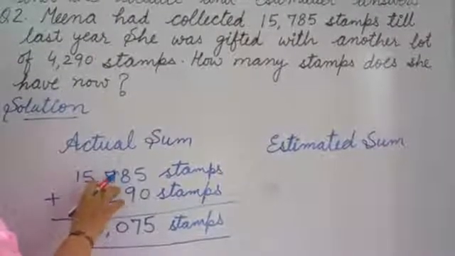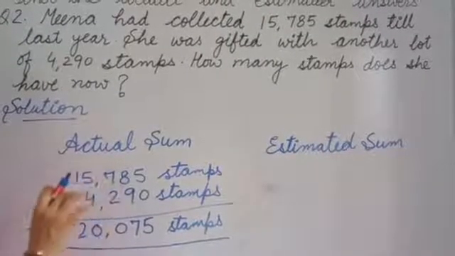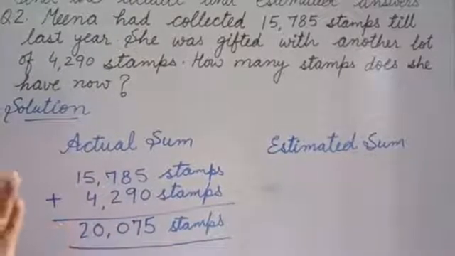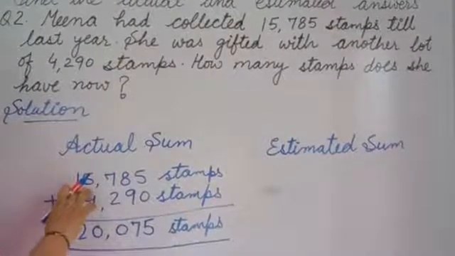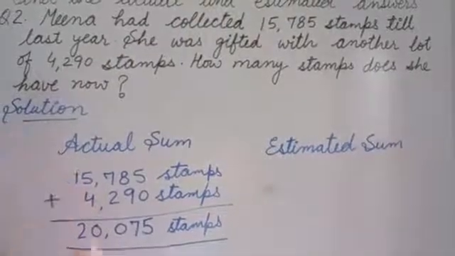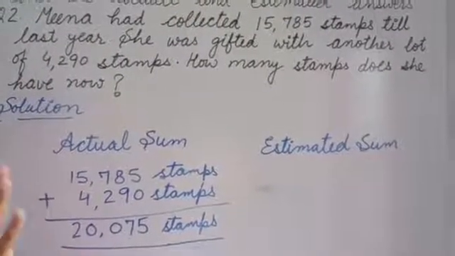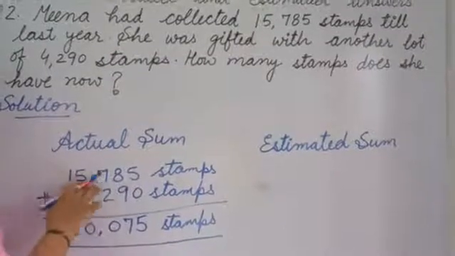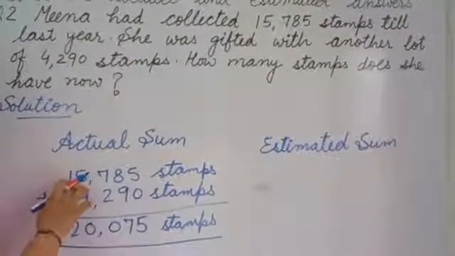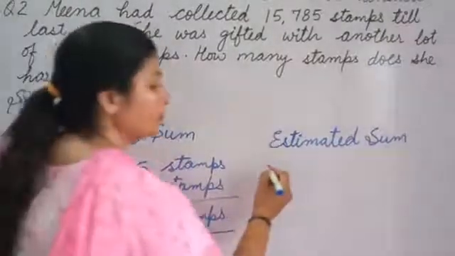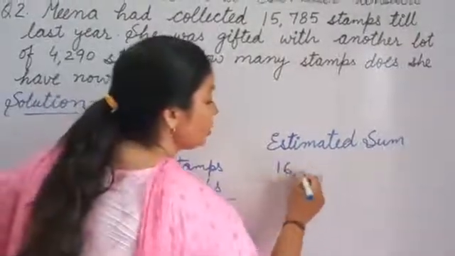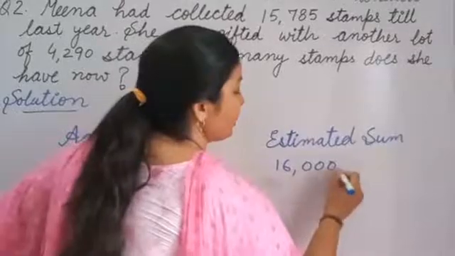There is 7 in 100 column. So it is more than 5. Whenever we have 5 and more than 5, so we increase here in the 1000. And whenever we have less than 5, then we don't increase. So here is 7. So now we increase it. So 5 will become 6. So rounding is 16,000. So here is 16,000 stamps.